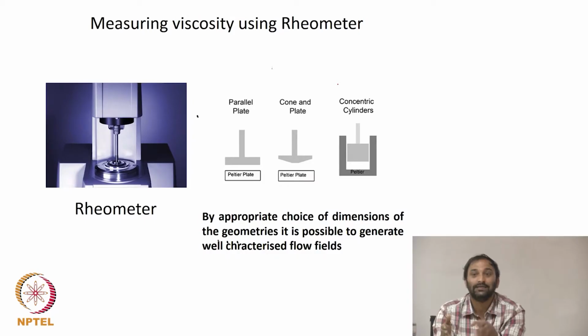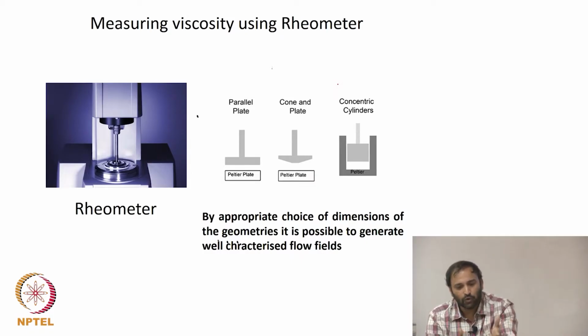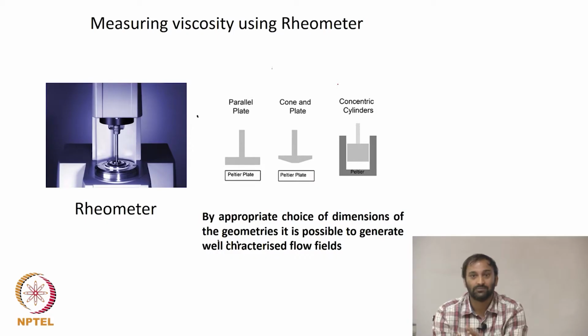If you are using concentric cylinders, with Ri the radius of the inner cylinder and Ro the radius of the outer cylinder, these well defined flow fields are generated if the ratio of Ri to Ro is very close to 1. That is the limit of a very narrow gap. So you have to work with geometries of appropriate dimensions. Only then do you develop a flow field which can be described by the math that you have done in the class. That's the most important thing.